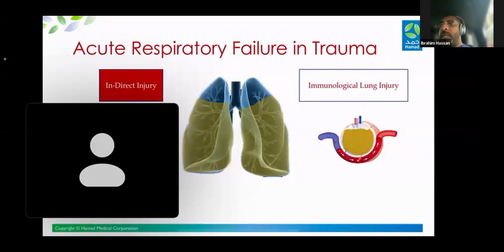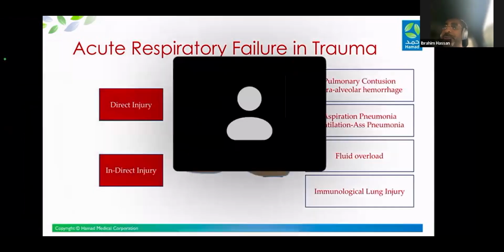We used to call it shock lung. That can give ARDS, transfusion-induced lung injury, and many other immunological causes that can affect the parenchyma and the alveoli. But it's not only that. This is the summary; you can have all of them combined from the alveolar standpoint.